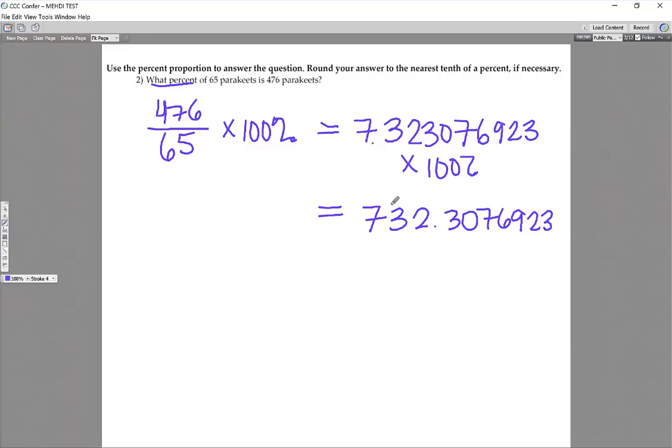And we want to round our answer to the nearest tenth of a percent. So tenth of a percent. So we're going to round it to the tenths place. So we look at the tenths place, and we look to the hundredths place, and we see that it's a 0. So we're going to round down, not up, right? So it's 732.3%.